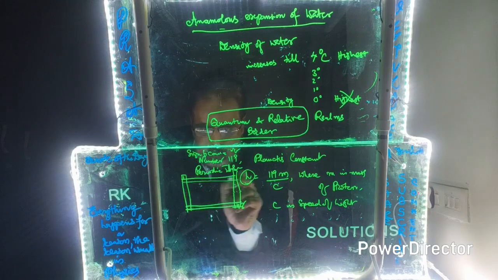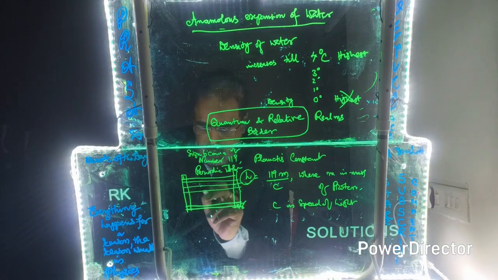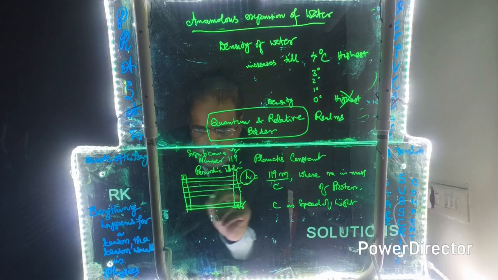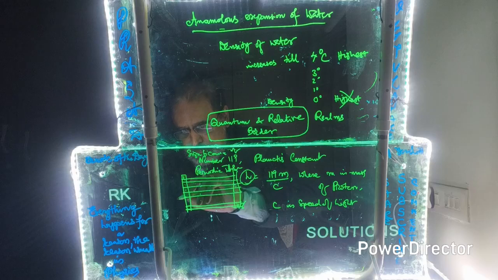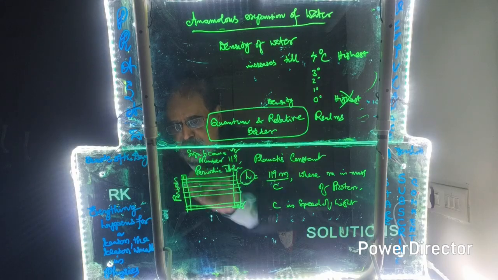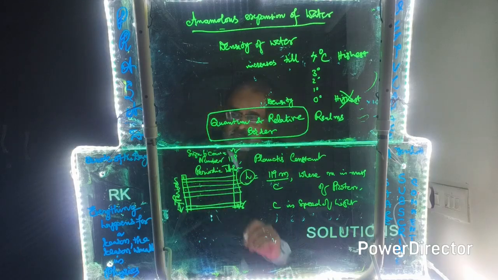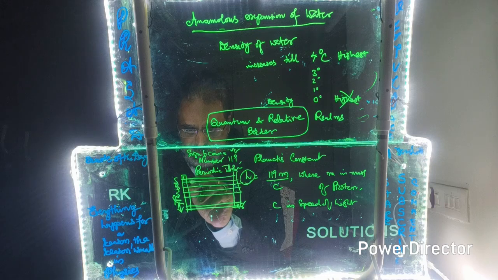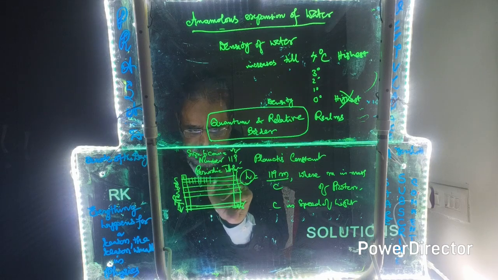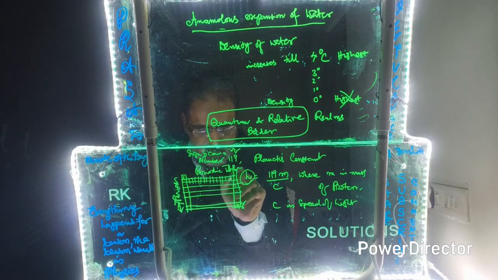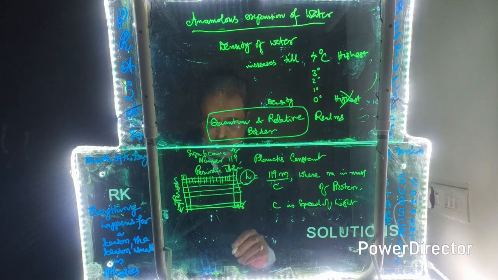Of course, 1, 2, 3, 4, 5, 6, 7, so these are the periods, right? 7 periods. Here we had 1, 2, 3, up to 18.